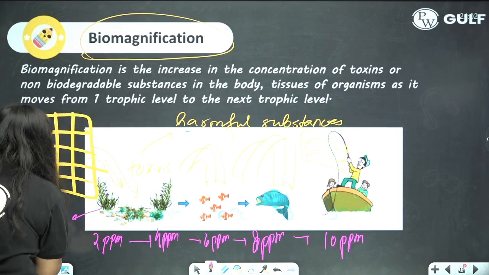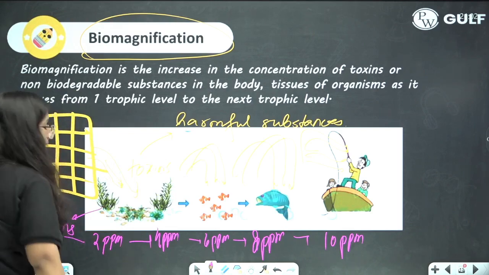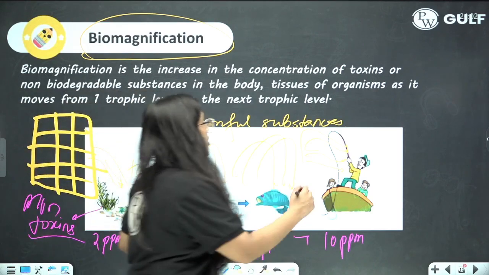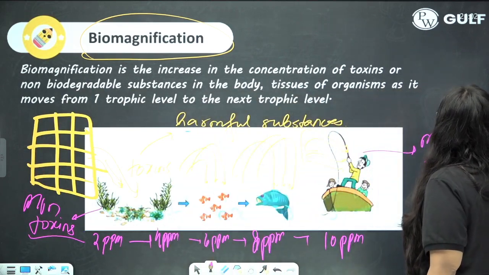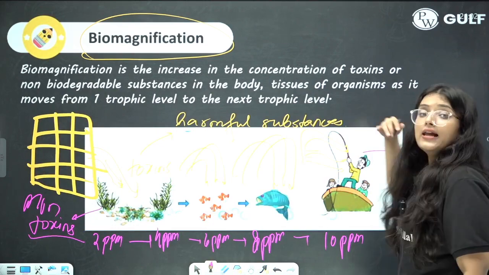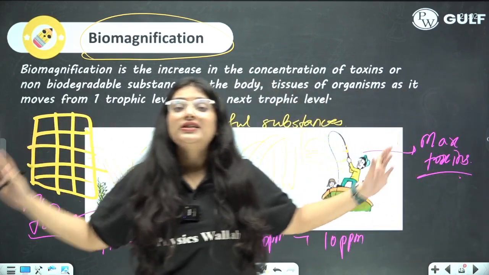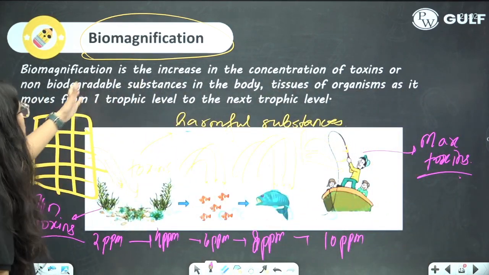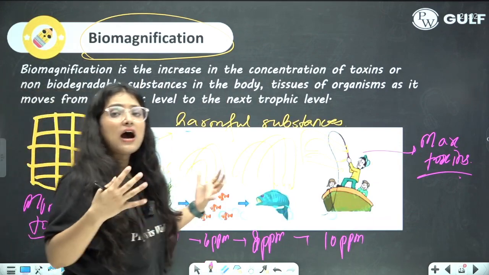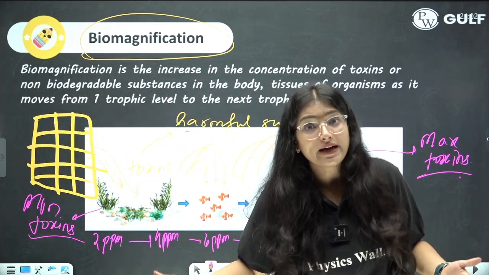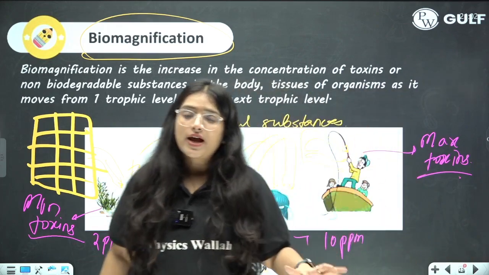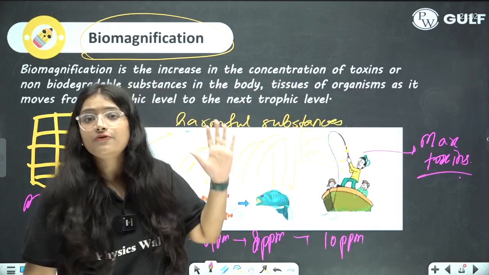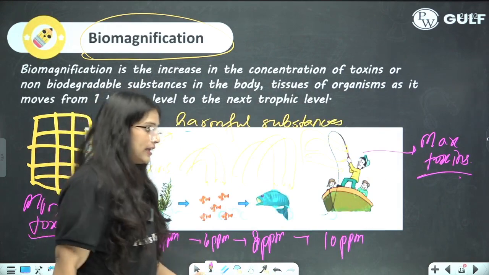So minimum toxins are present at the producer level, at the first trophic level, whereas maximum toxins will be present at the last trophic level. And this entire process of the transfer of these toxins or any other harmful, non-biodegradable substances is known as biological magnification or biomagnification.